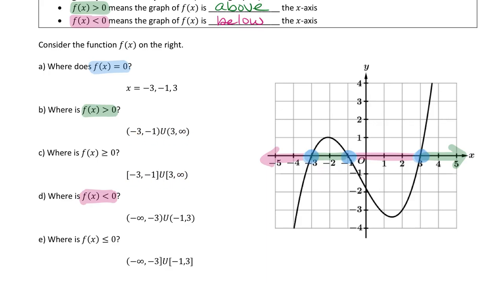If you have a closed symbol, meaning a symbol that says greater than or equal to, then you need to include the actual zeros where they're equal to the x-axis. So we change from using parentheses, which are an exclusionary symbol, to the brackets, which mean include these numbers.